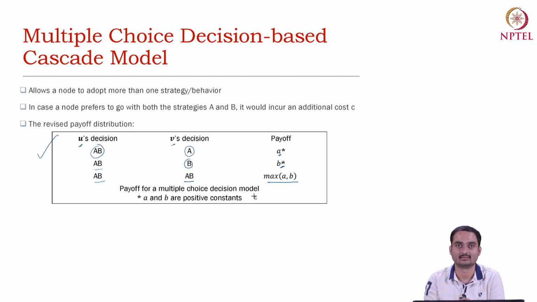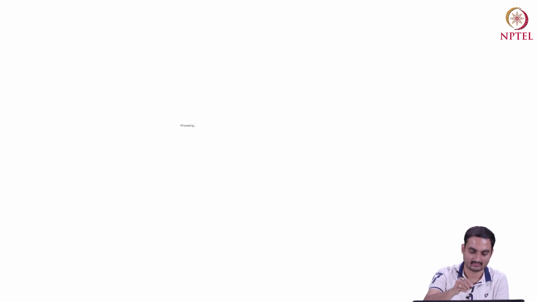So the net payoff would be max of A, B minus c, because c is the cost that you need to incur when you adopt both A and B. Now this cost is irrespective of your neighbor's decision. It depends on your decision. If you adopt both A and B, you would need to incur a cost irrespective of what your neighbor has chosen. Now this is very important. Remember this particular thing, constant.